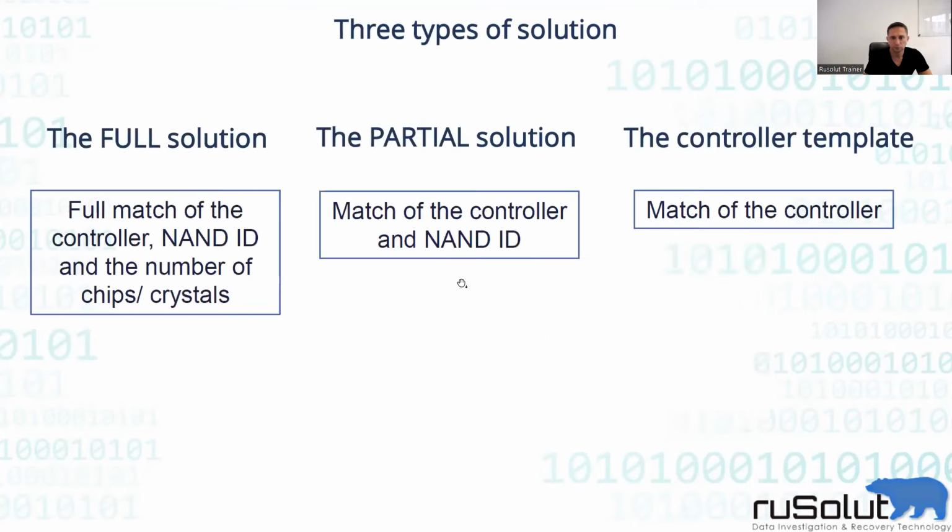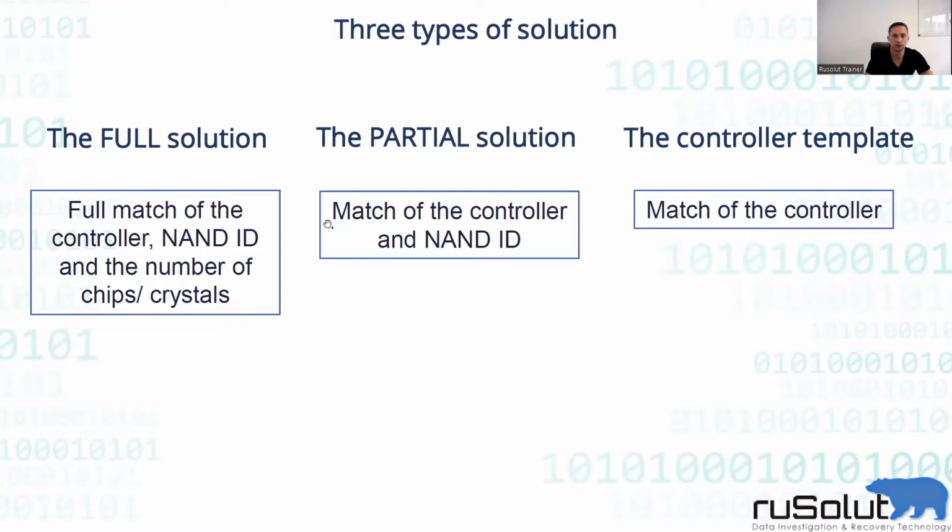So what we did, we made 3 types of solutions. The first one is the full solution, where, as I just showed you before, you have a full match of the controller, NAND ID, number of chips, and crystals. In that case, you will get the full solution.